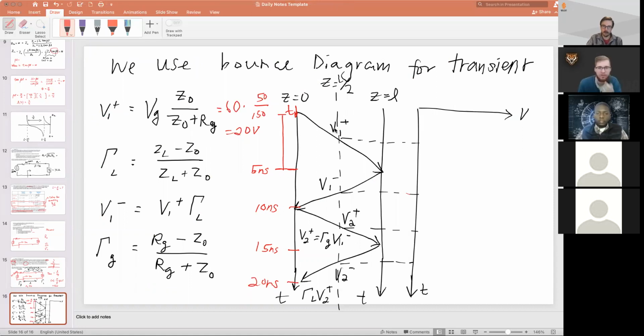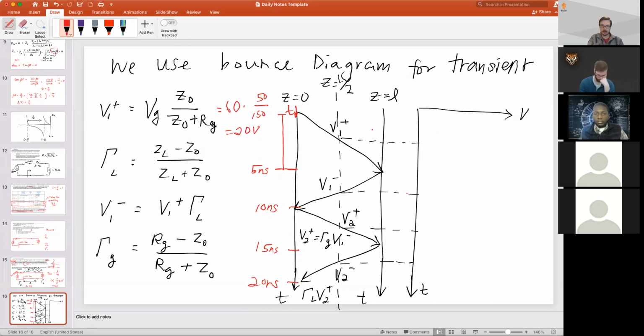So the voltage V1, as it bounces across, we've turned it on, we have this step voltage that turns on, and instantaneously we have a voltage of 20 volts that starts bouncing this way. When we get here, it's traveling to the right towards the load and crosses the center of the line.